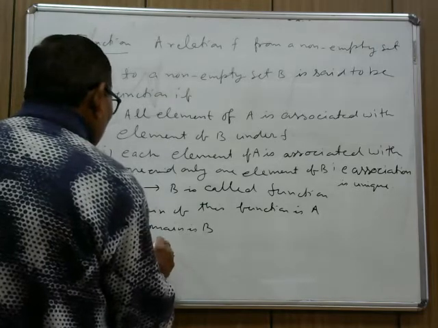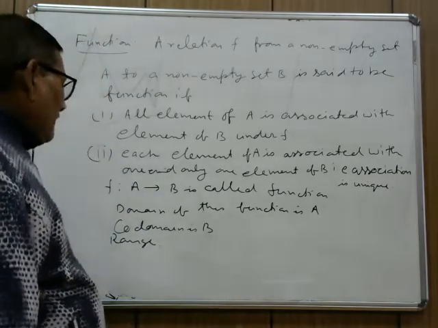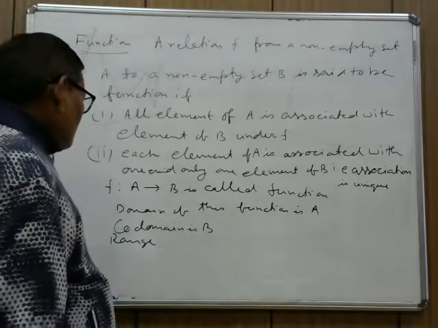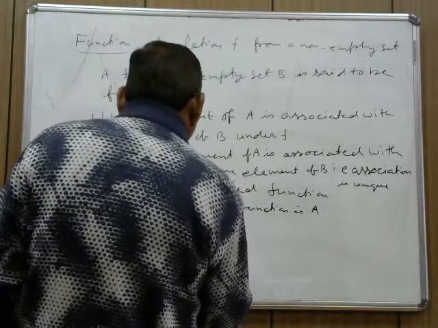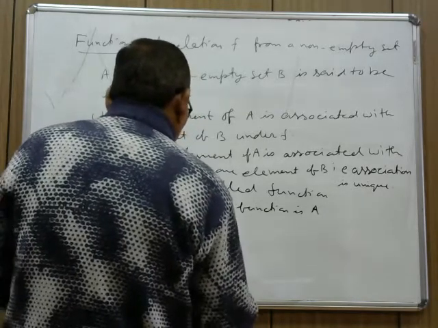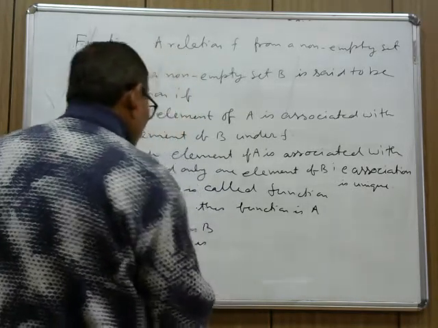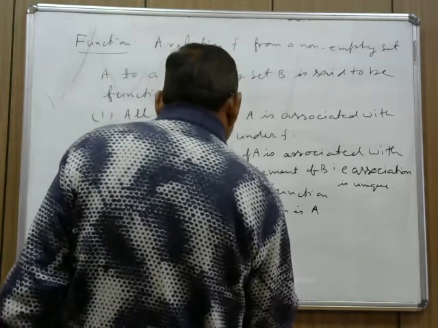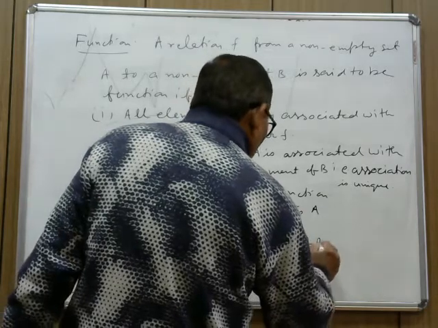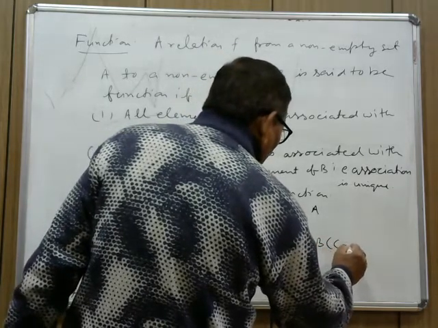I am defining the range. Try to understand that. It is the subset of B. B means codomain.